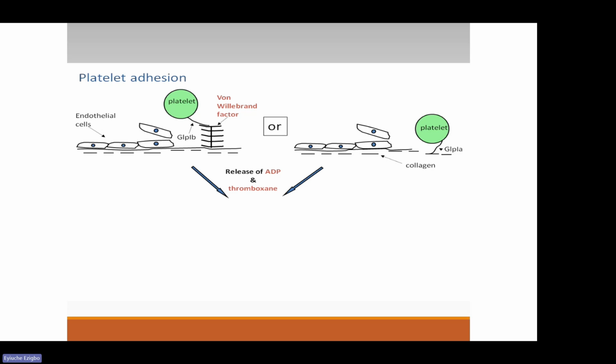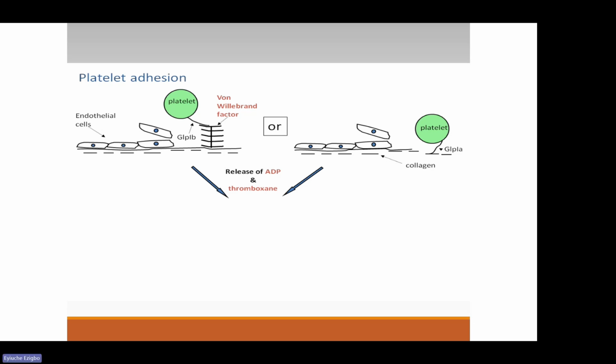That is platelet adhesion. Then this platelet adhesion results in platelet activation. When platelets adhere, they are activated, and when they are activated, they begin to release their granule contents. They release ADP and thromboxane.